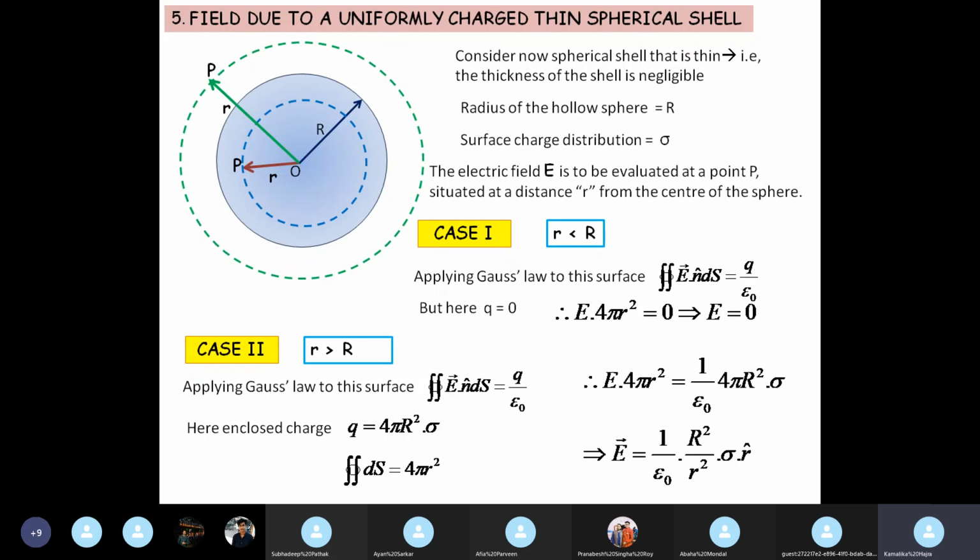So E into 4 pi r squared equals 1 by epsilon naught times 4 pi capital R squared into sigma. So the value of E is 1 by epsilon naught, capital R squared by small r squared, into sigma. Capital R is given, sigma is given. If you are asked to find the field at a distance small r from the center, you just use this formula. So that completes the spherical charge distribution.